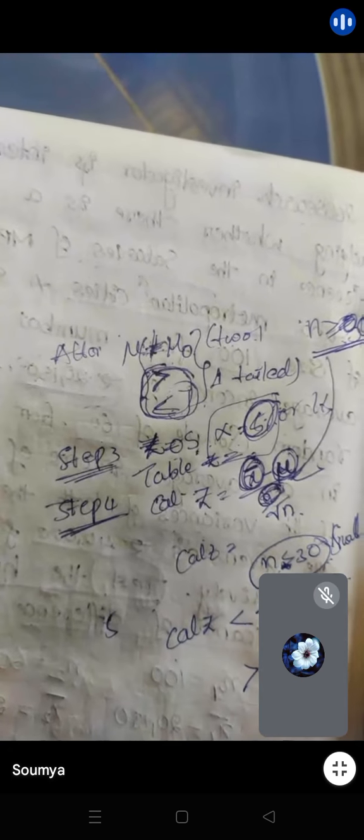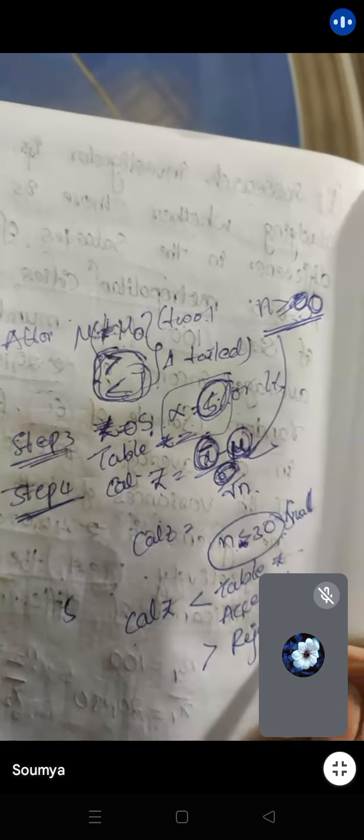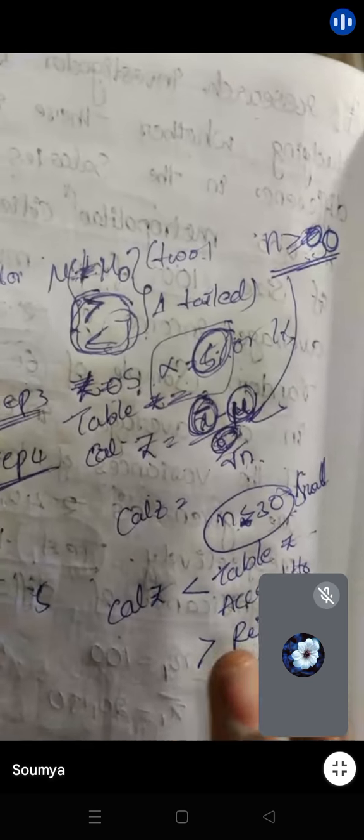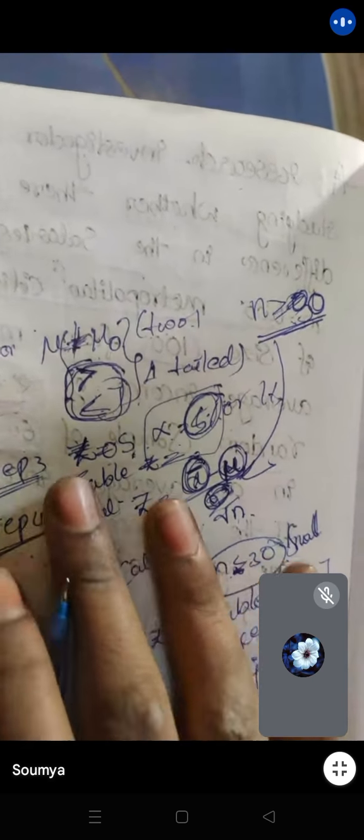Throughout the chapter, we will go for these steps only, and you have to write all 5 steps. For each step you have marks in the exam, so write all the steps. Reject H naught means accept H1. These are the procedures for the testing of hypothesis.